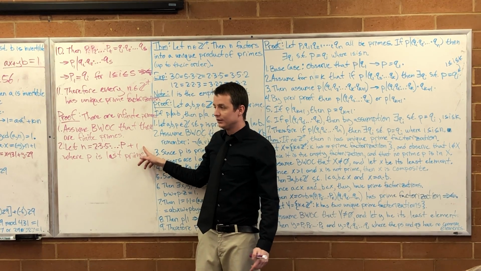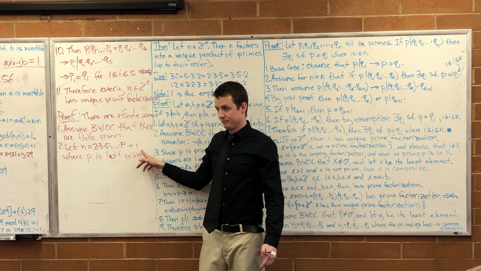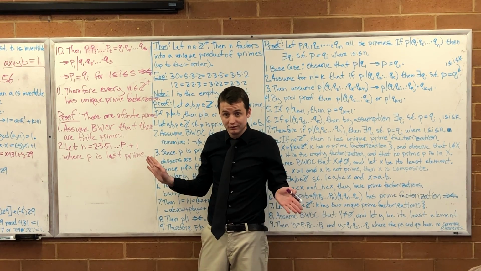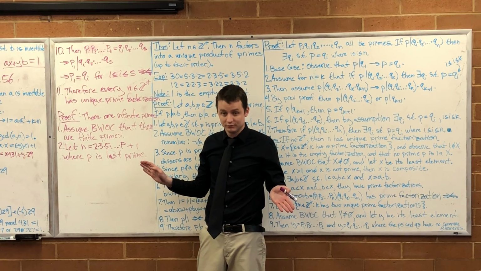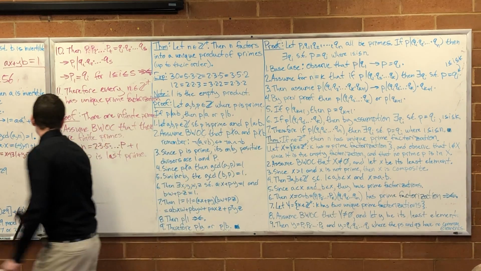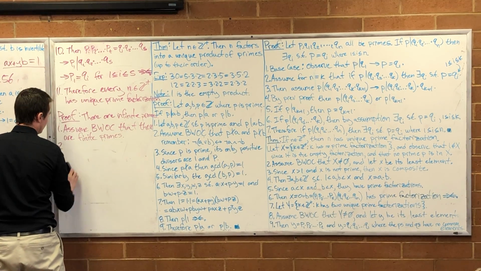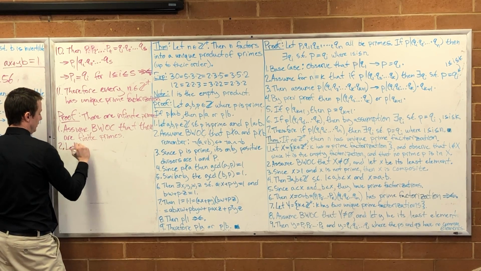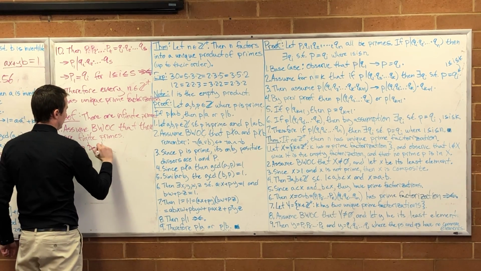Is n bigger than p? Yes. So if n's also prime, we're done, because that makes a contradiction, because p is our largest prime.